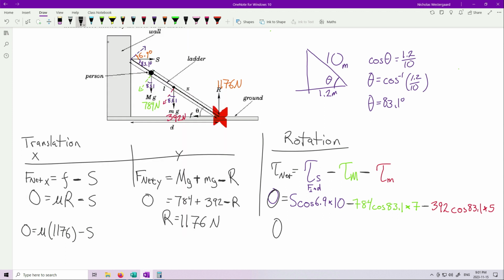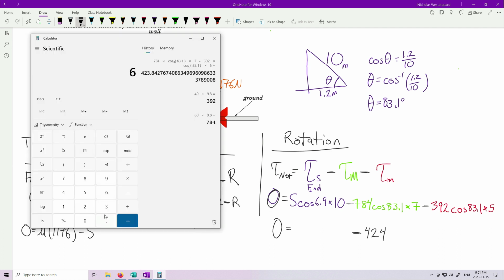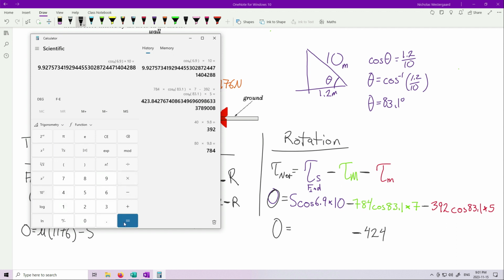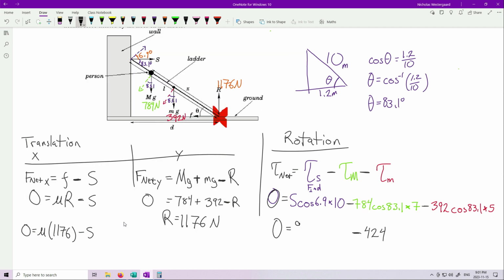So 0 is equal to 424. I'm just going to do this cos 6.9 times 10. That's 9.92. So this is 9.92 S is equal to 424.